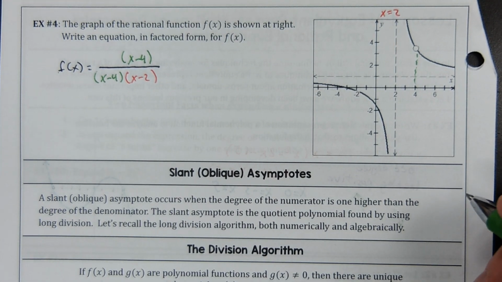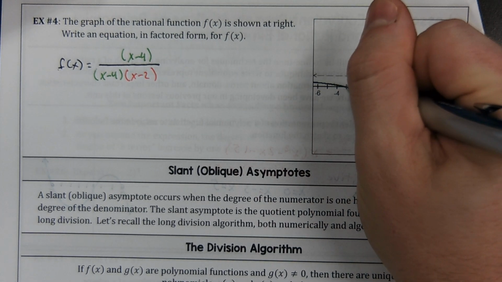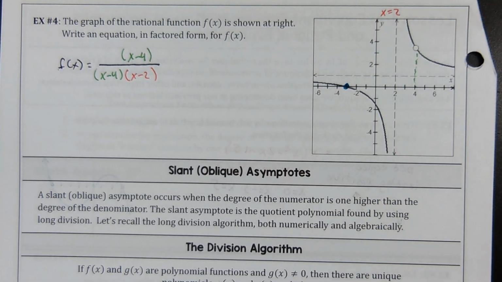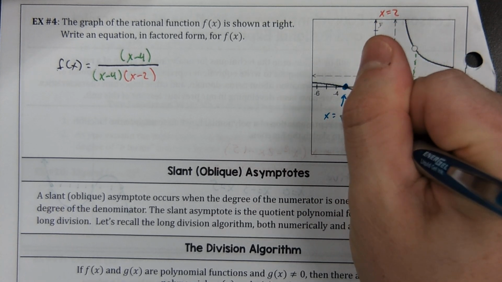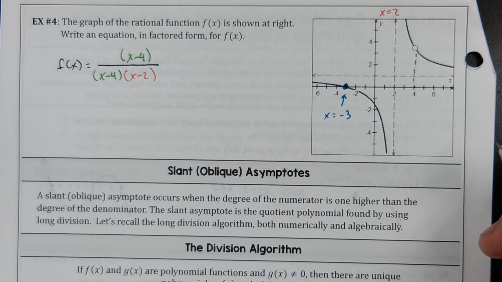What else do we know? We also know that this graph crosses the x-axis at -3. So this graph has a 0 at x equals -3. Zeros of rational functions come from the numerator.